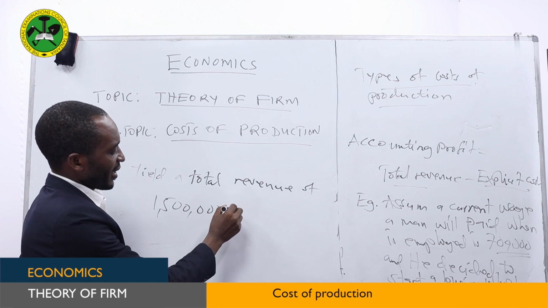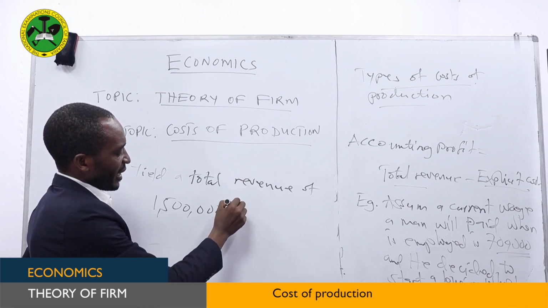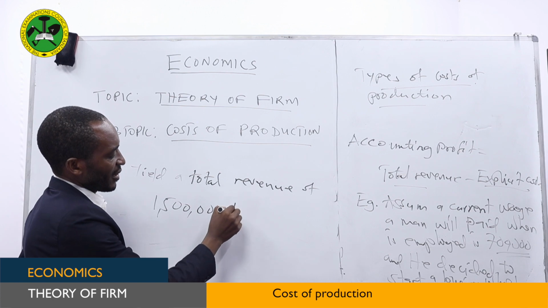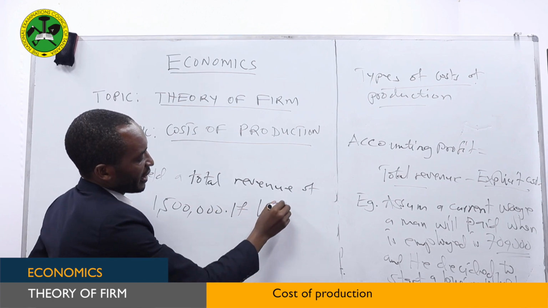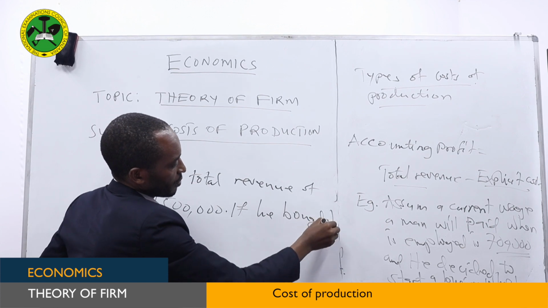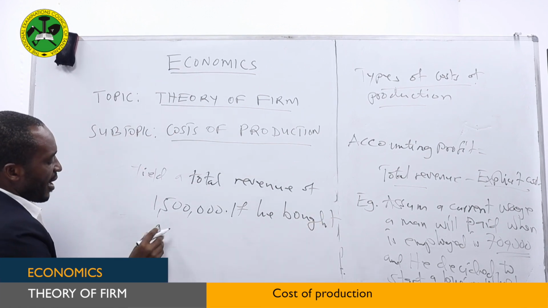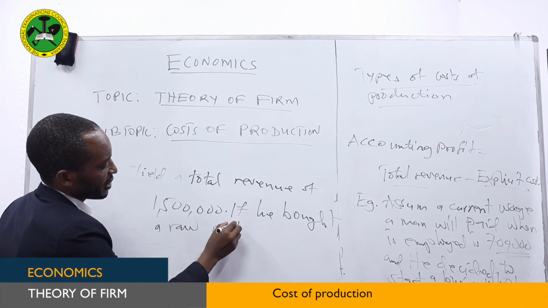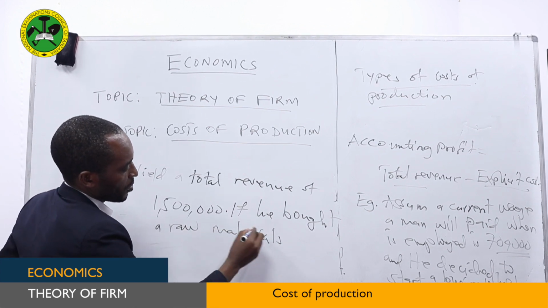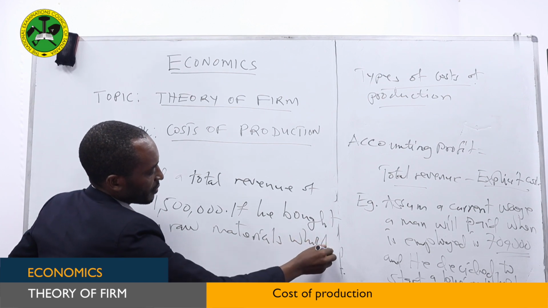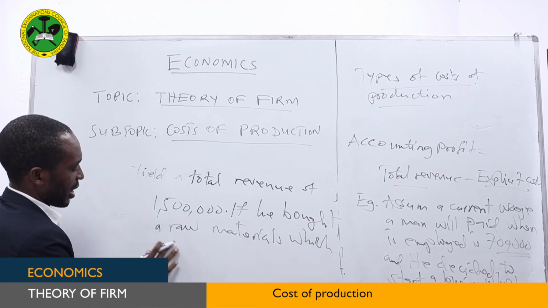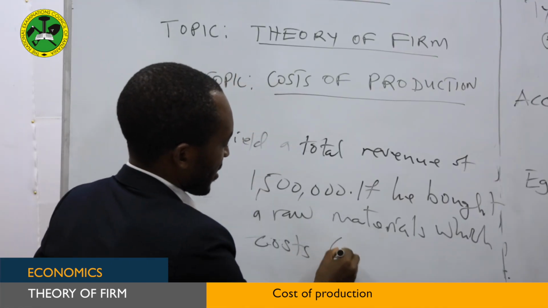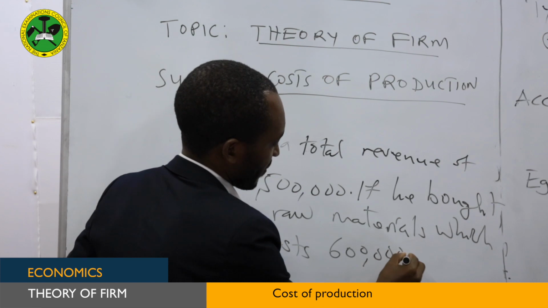Now, if in his or her business, let's say, he bought raw materials which cost 600,000.